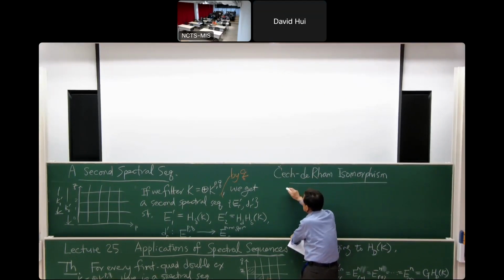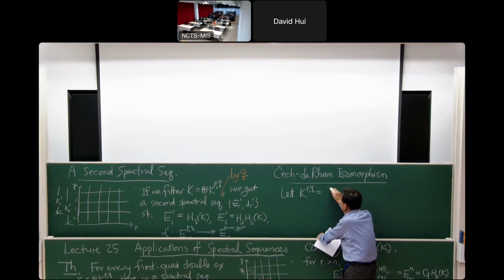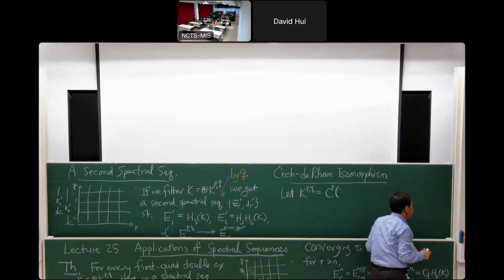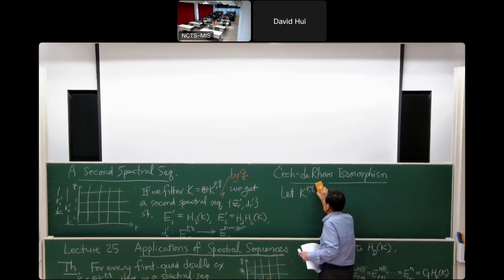So in the Čech-de Rham isomorphism, our double complex is the Čech-de Rham complex. So K^{P,Q} is the Čech cochains of an open cover, but we should start with an open cover.